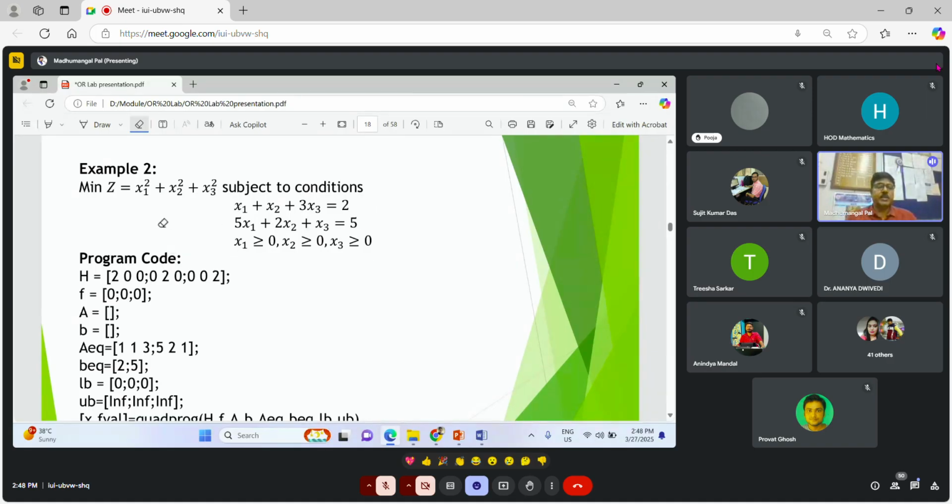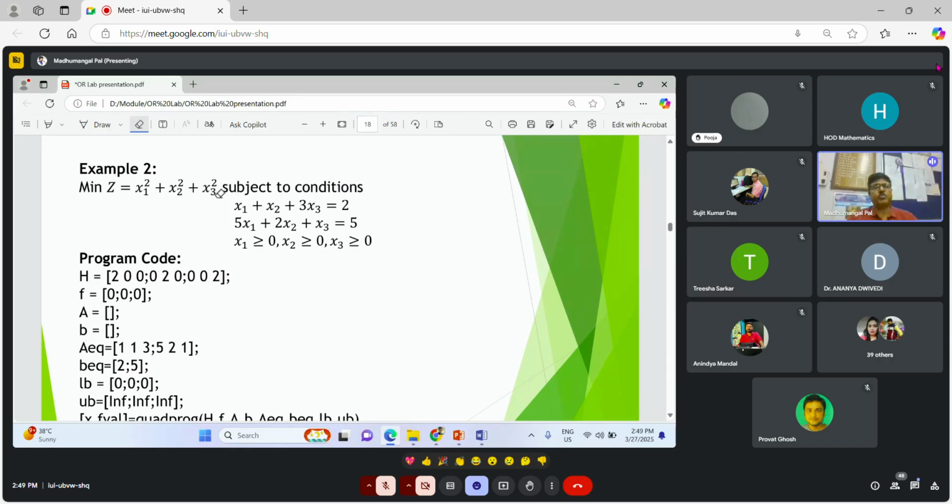Okay, so here see that there is no linear part, only the quadratic part: x1 square, x2 square, x3 square, subject to the constraints. You see that the number of variables is 3, but both the constraints are equality type. So what will be the H matrix? The quadratic form is written as half x transpose H x, so we take half common.